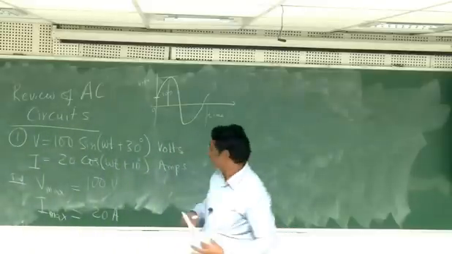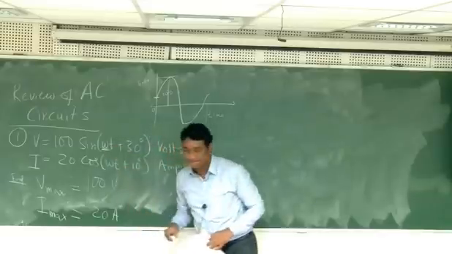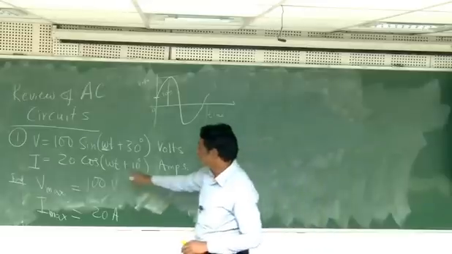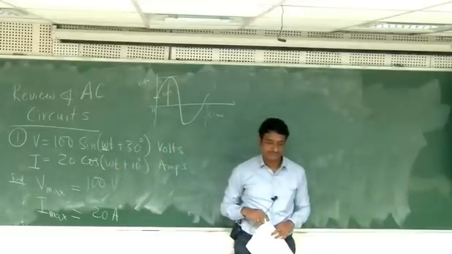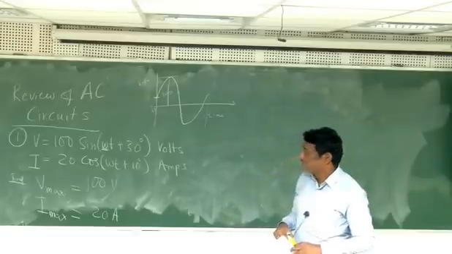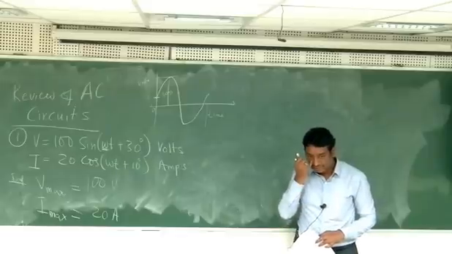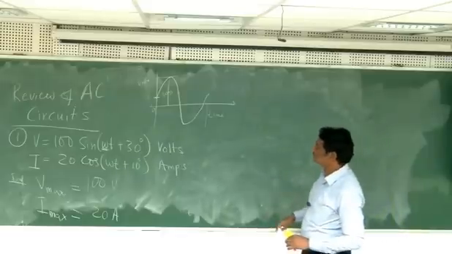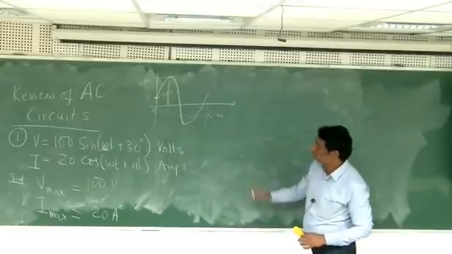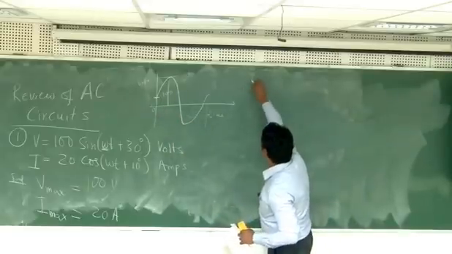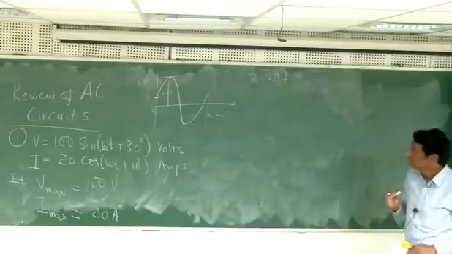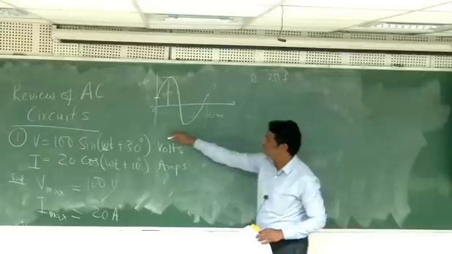What is the significance of this term omega here? What is the significance of omega? Okay, what he has told is that 1 by omega is the length of all these things. Strictly speaking, omega is nothing but 2 into pi into f. Now, what is the x-axis here?